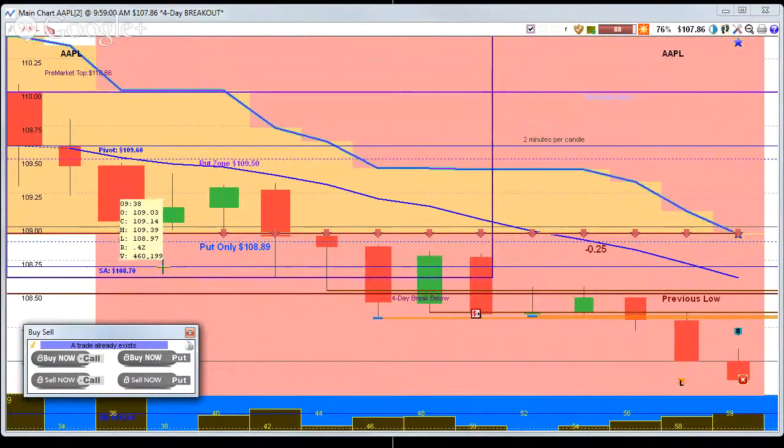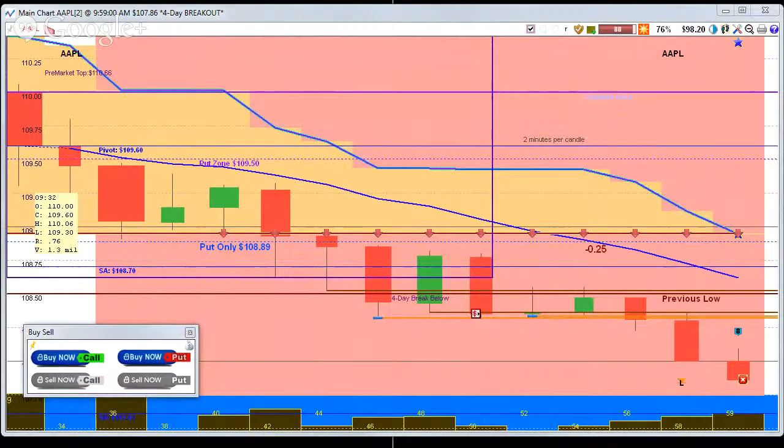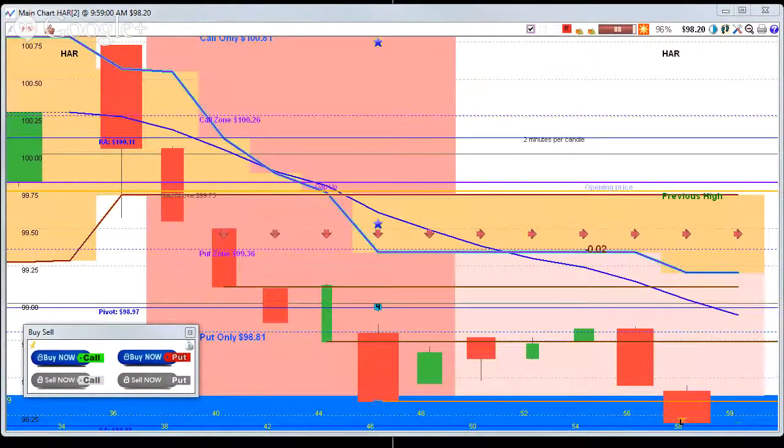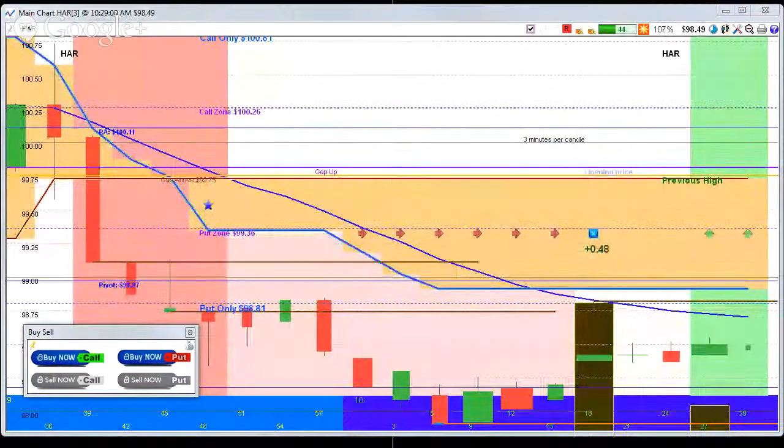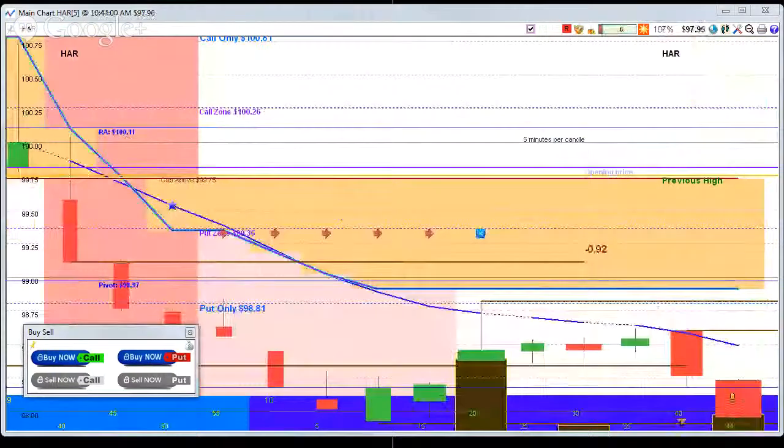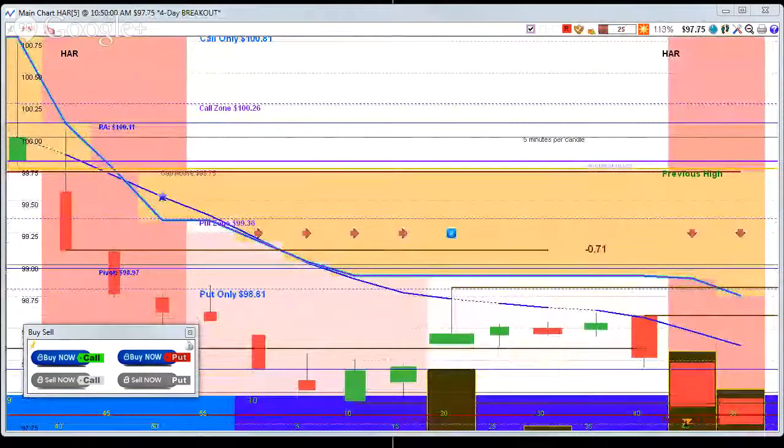The last one we're going to talk about today happened a little later in the day, and that was HAR. I'm just going to take you to that piece of time, and it was right there that it was like, yep, I like that one. So we're going to buy the put button and go forward.